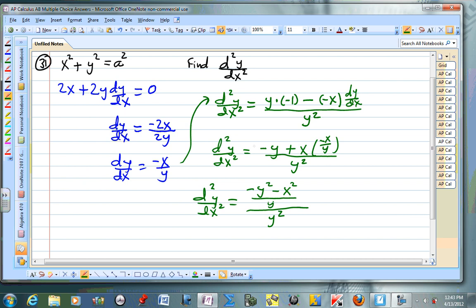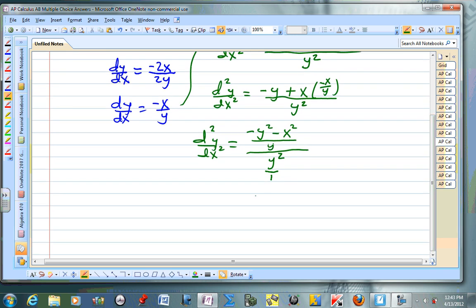So now let's make this denominator look like a fraction, call that y squared over 1. Remember that dividing by a fraction is the same thing as multiplying by its reciprocal. So we're going to say that the second derivative of y with respect to x is the opposite of y squared minus x squared over y.